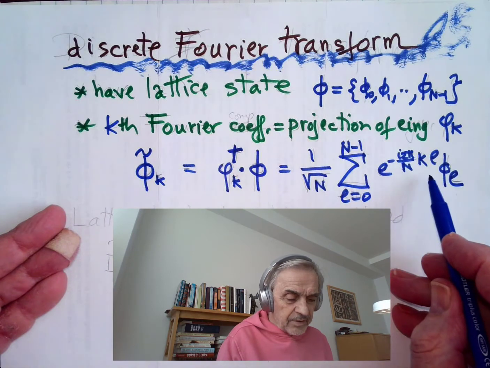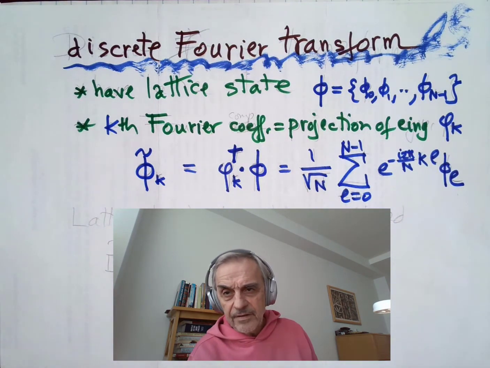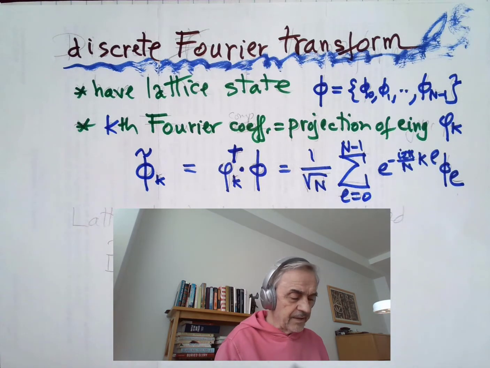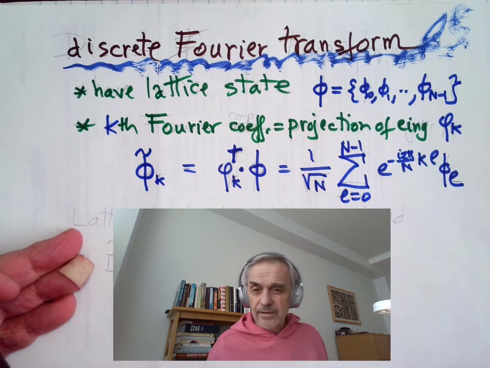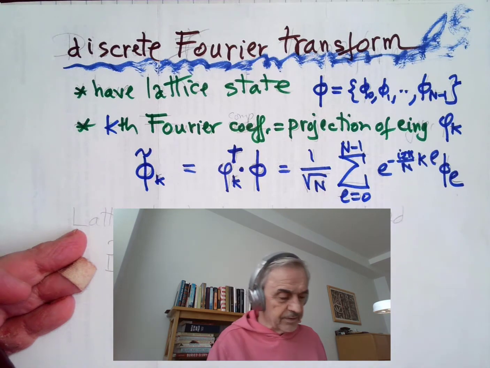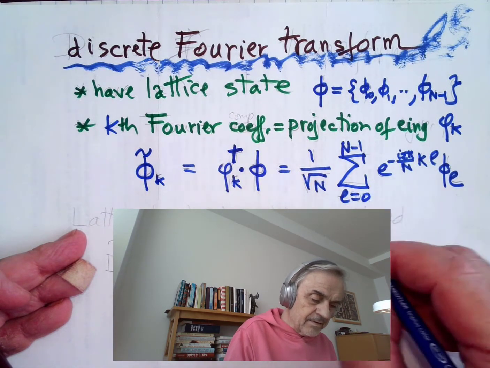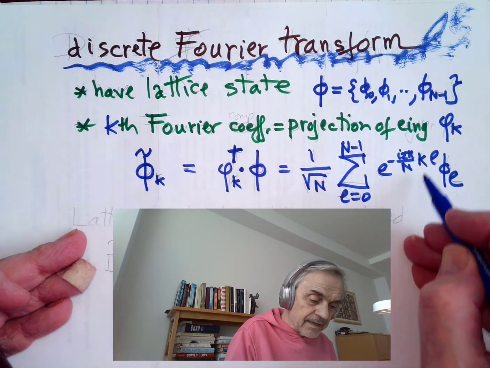And now when you look at it, you have always been already exposed to Fourier transforms. Usually you were taught them immediately in continuum, so instead of having this discrete sum, this is an integral, but the phase looks like that.